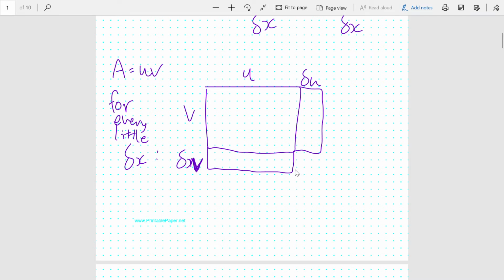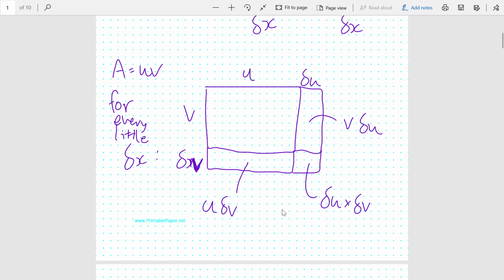And there's also this little square bit here, which I'll get to why isn't represented in the main formula later, but it has area of du multiplied by dv.